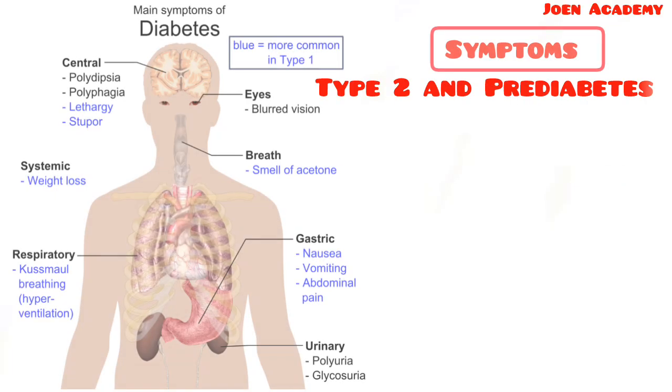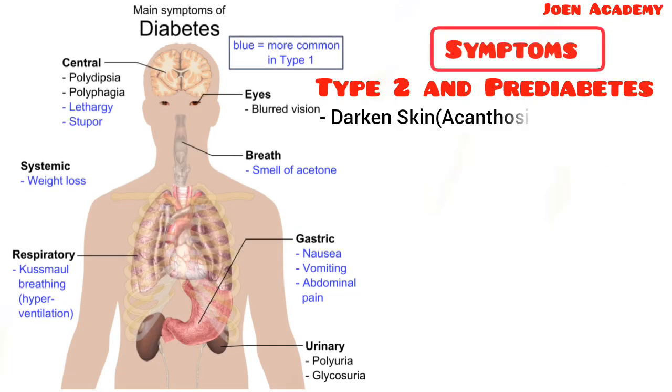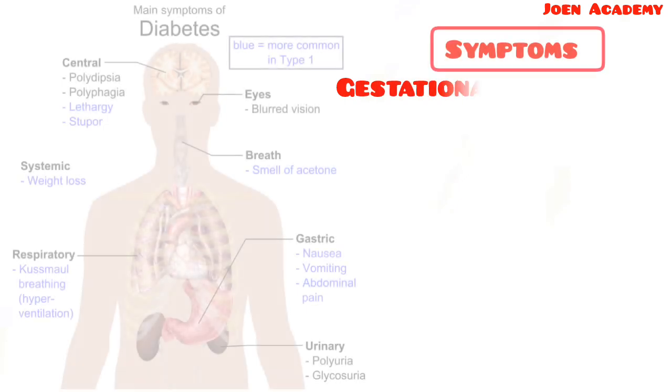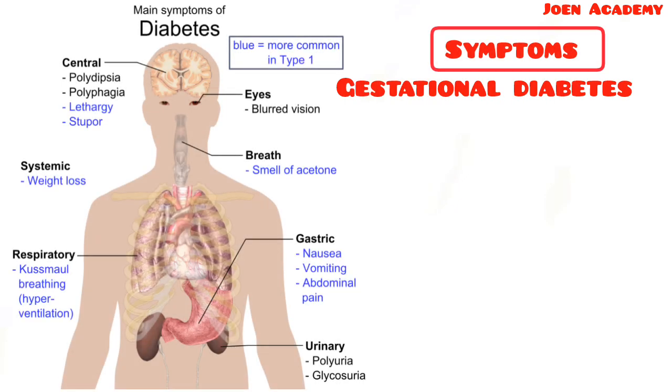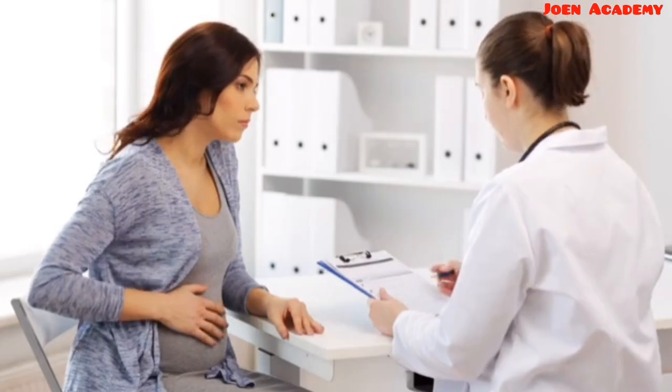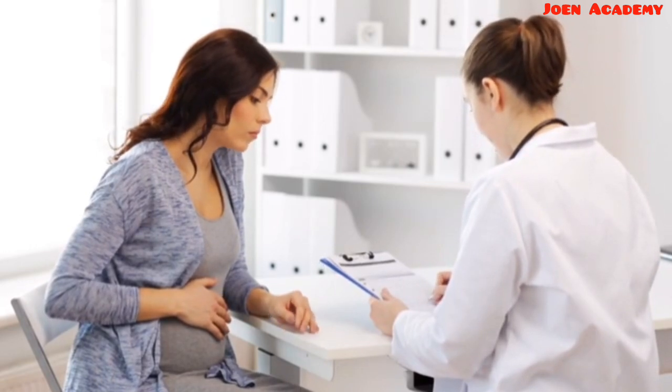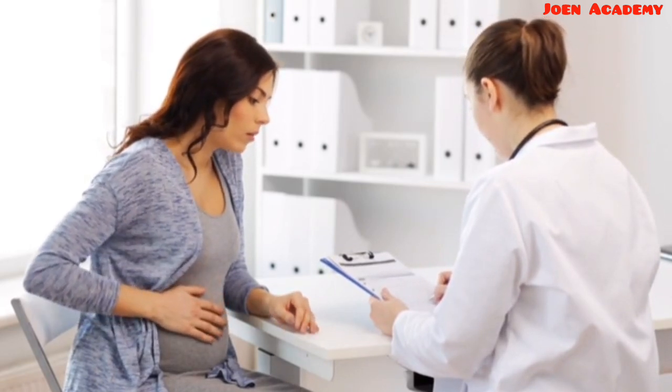Another possible sign of prediabetes is darkened skin on certain parts of the body. This condition is known as acanthosis nigricans. In gestational diabetes, the individual will typically not notice any symptom. The healthcare provider will have to test for gestational diabetes between 24 and 28 weeks of pregnancy.